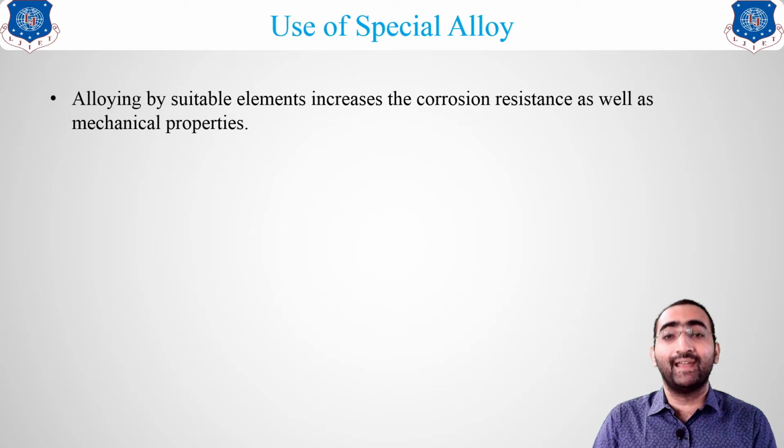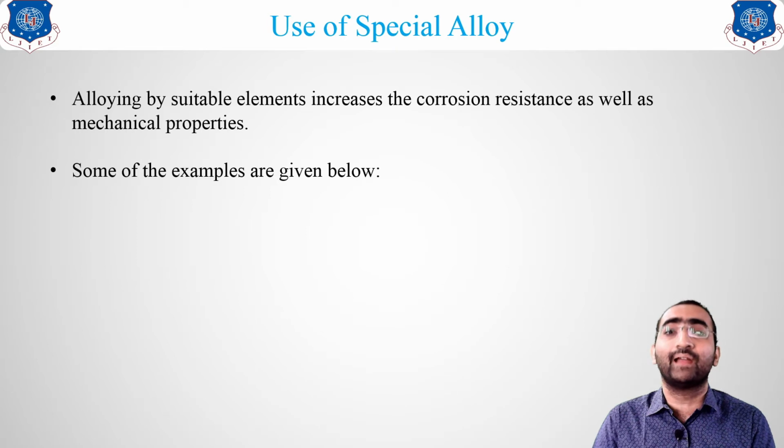When you add an external metal into the base material, and the properties of the material are improved according to what we require, then that additional element is known as an alloying element. So we use an alloying element for corrosion resistance and for the improvement of its mechanical properties.